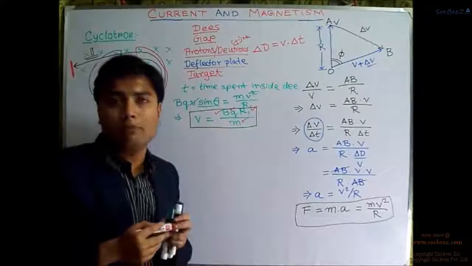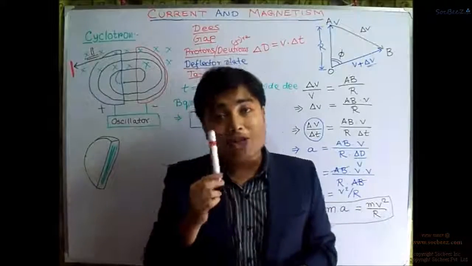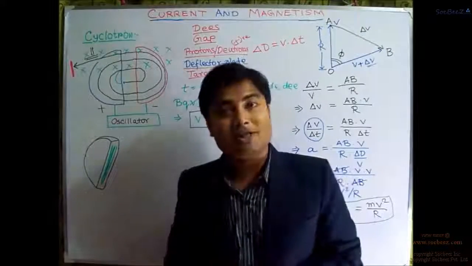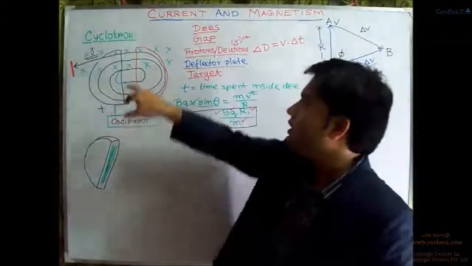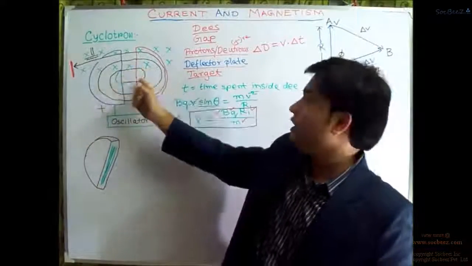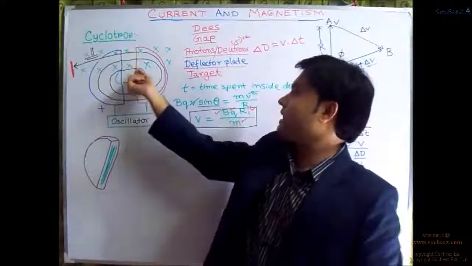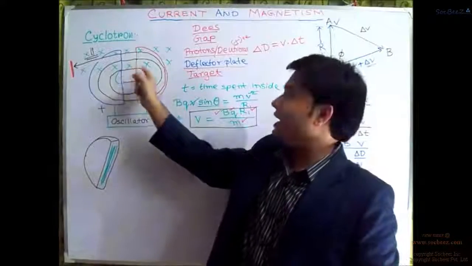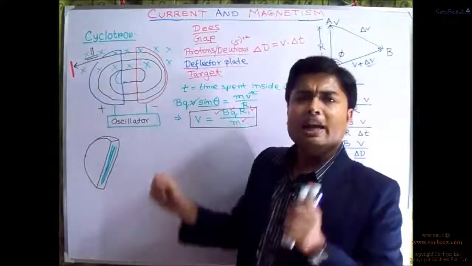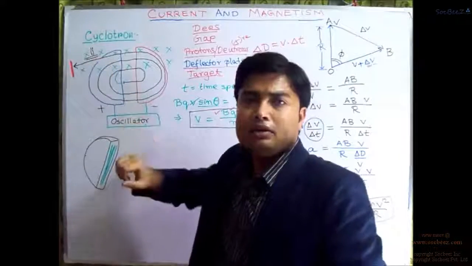Okay, no problem. But we need to see whether the velocity is remaining the same or constant. Let us take a look. This has undergone a half revolution. After that, being a positive particle, when it is at this position, it sees this one as the negative plate.